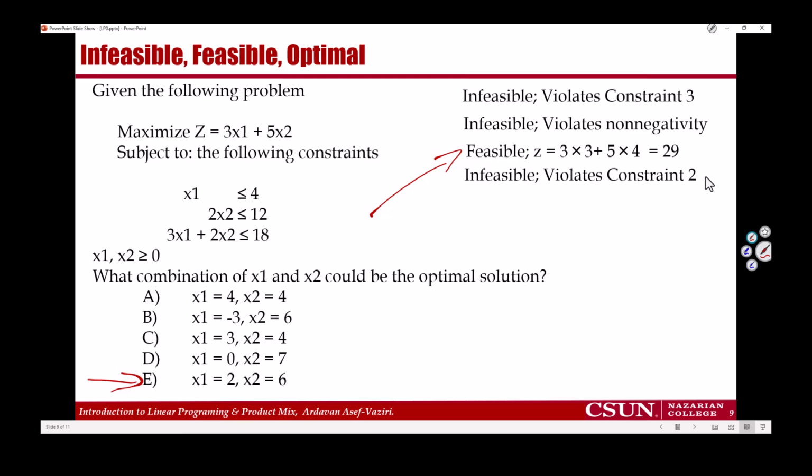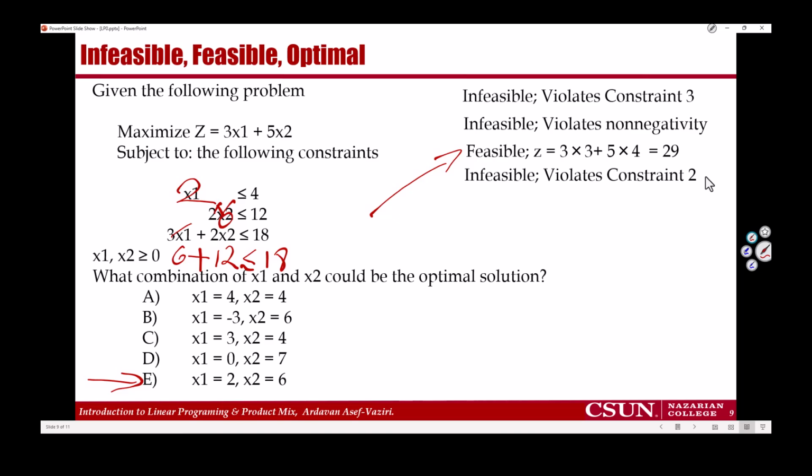Let's put this one over there. 2 is less than or equal to 4. 2 times 6 is 12, and it's less than or equal to 12. 2 times 3 is 6, and 6 times 2 is 12, and that is less than or equal to 18. So this solution is also feasible.